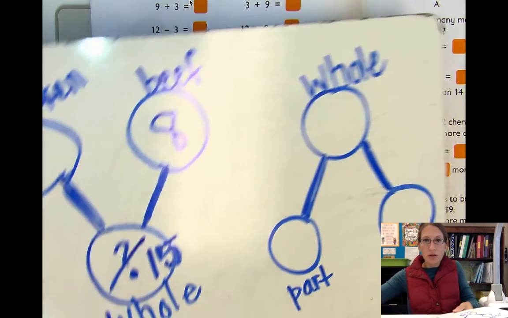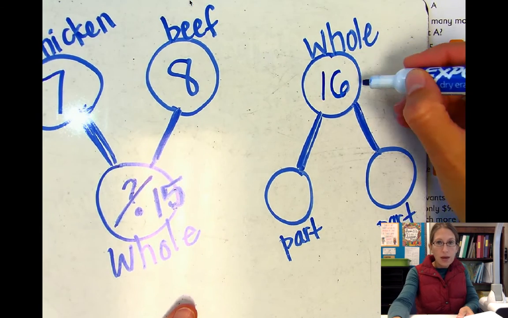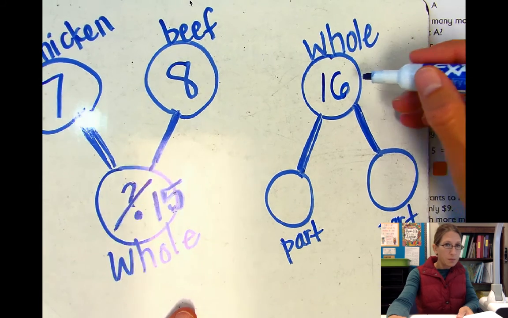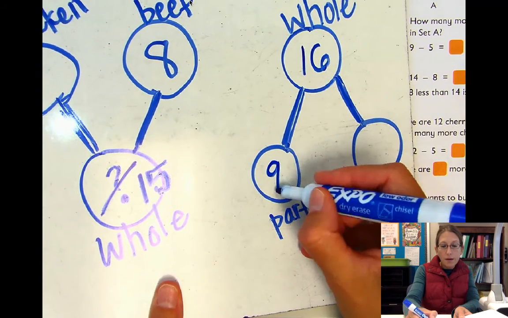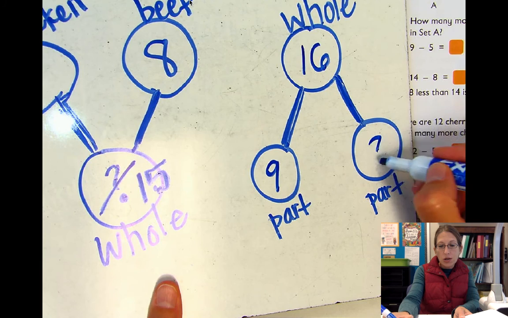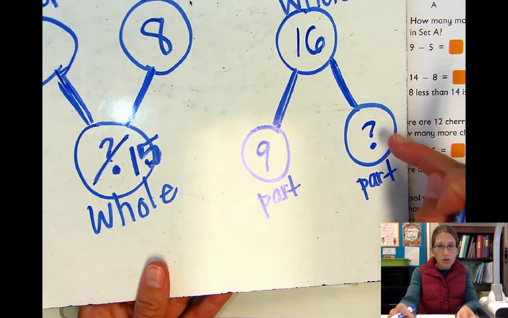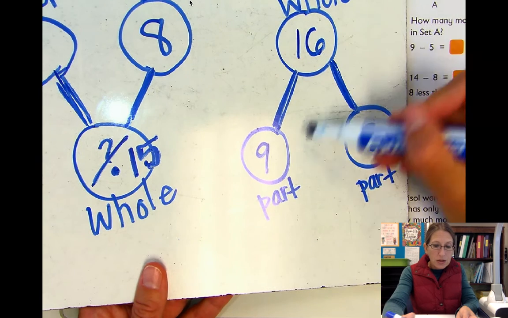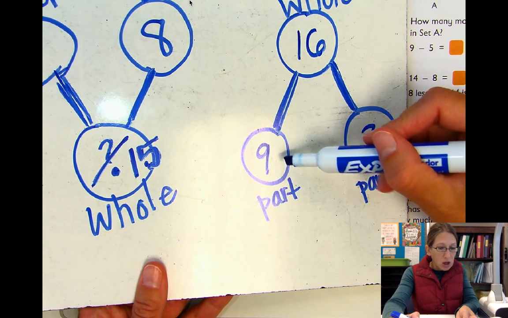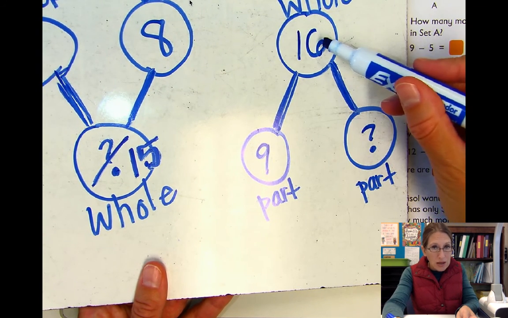So I'm going to use this number bond I have over here to write, I already know that Haley had 16 stamps. And then let's see, she gave 9 of them away. So the question is, how many did she have left? In other words, what's the missing part? And to find a missing part, we're going to subtract. So 16 minus 9, well, we could think about 9 plus what equals 16.